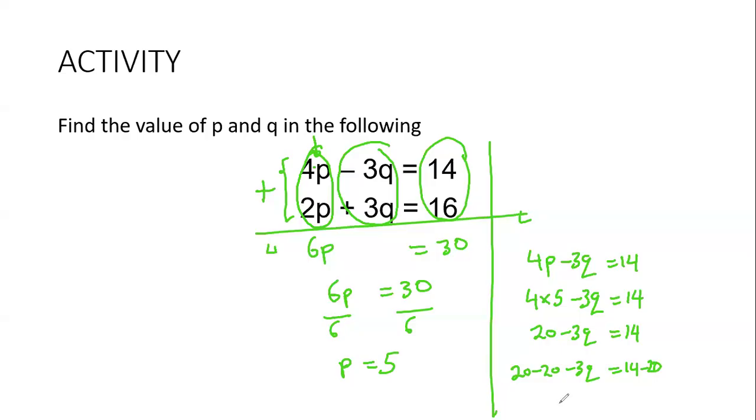So we'll be getting negative 3q equals 6, negative 6. Then we divide both sides by negative 3. Then we're getting positive 2. Yeah, that is it. Hope you have understood the concept.